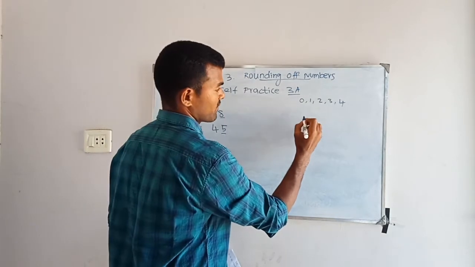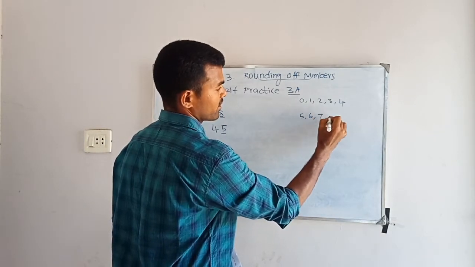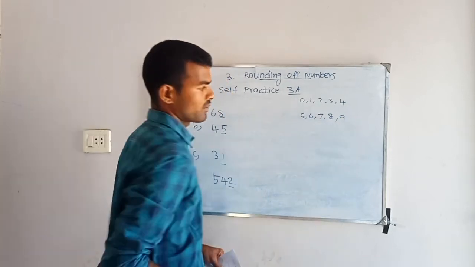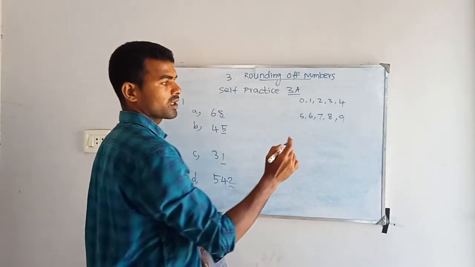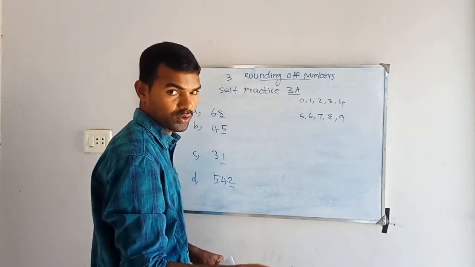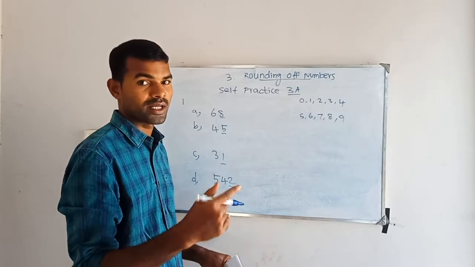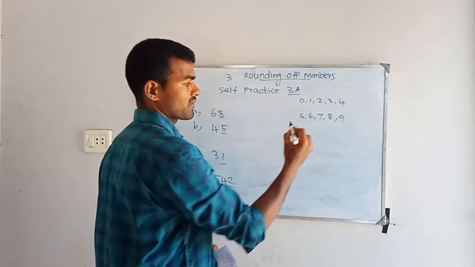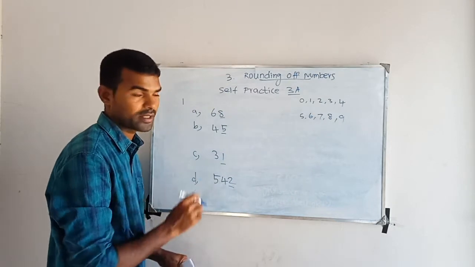Then if it is any other digit from 5, 6, 7, 8, 9, you have to put 0 in the ones place and add 1 to the tens place. First identify what digit is coming in the ones place.